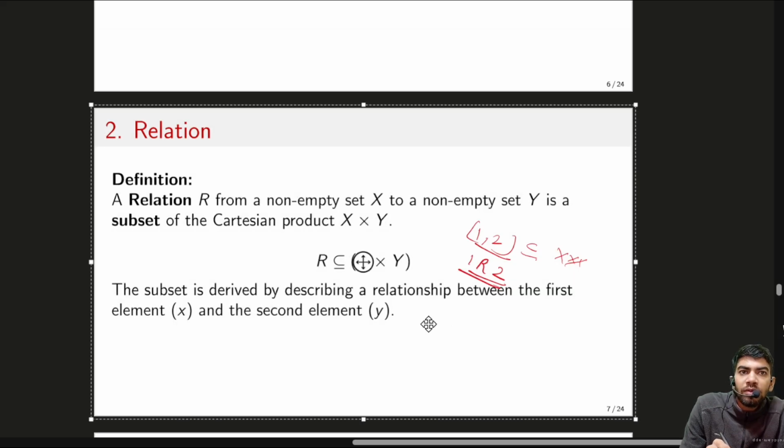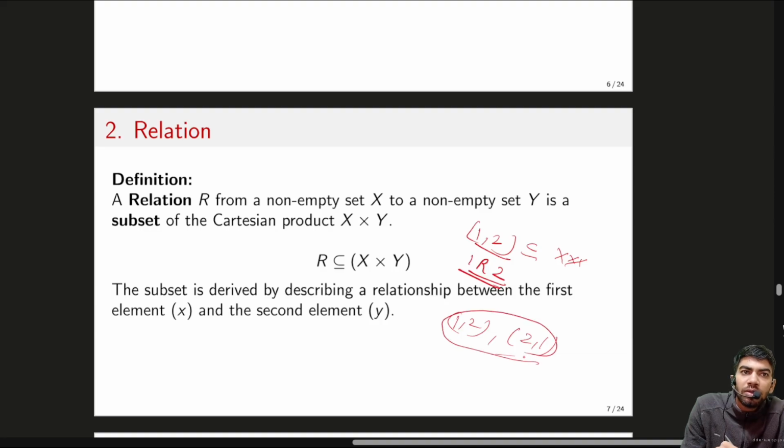If (1,2), (2,1), this is also a relation.